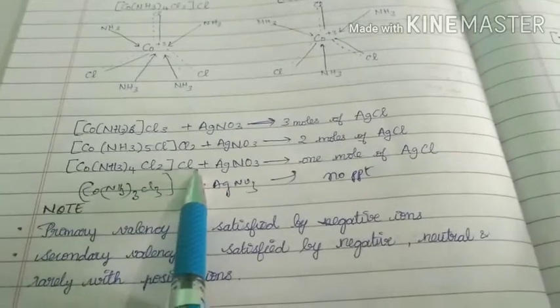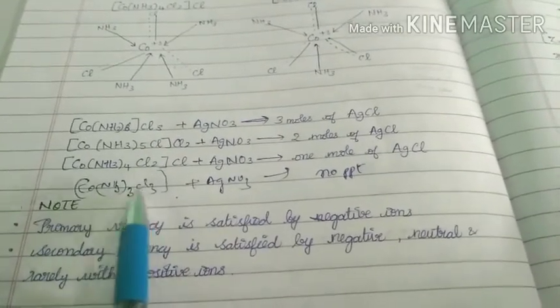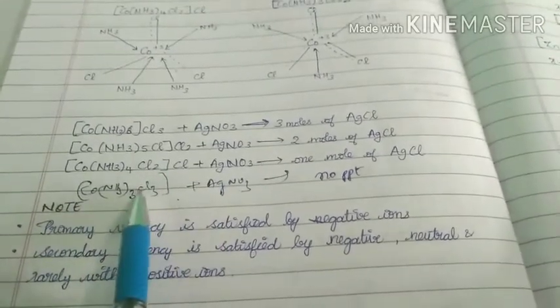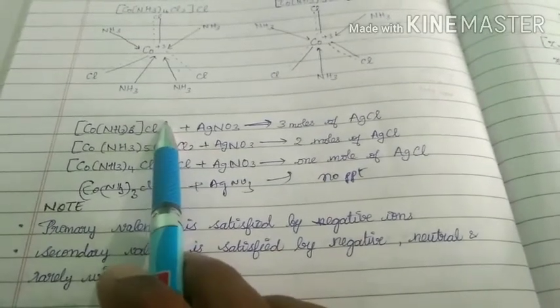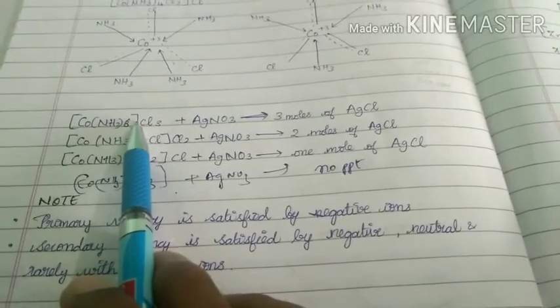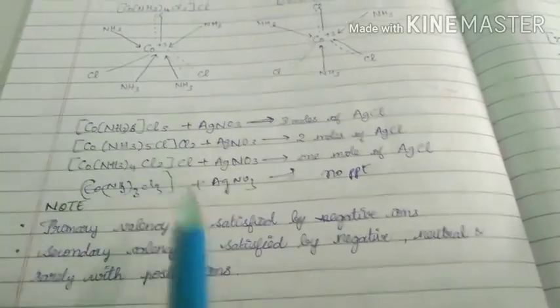When this compound is present in water, we get 2 ions: 1 chloride ion, 1 complex ion. But when this compound is present in water, we don't get any ions because this is a neutral complex. So in which case are more ions present? In this case, so this compound exhibits more conductivity. So that is also one of the models.